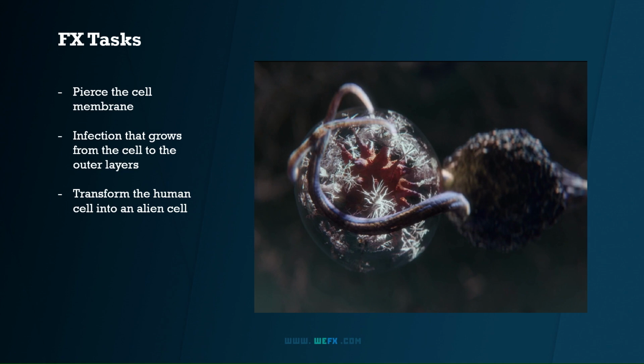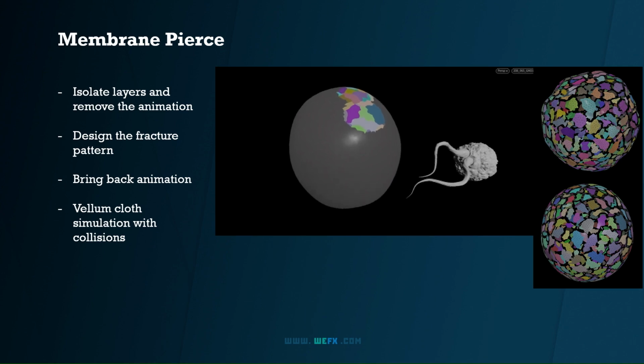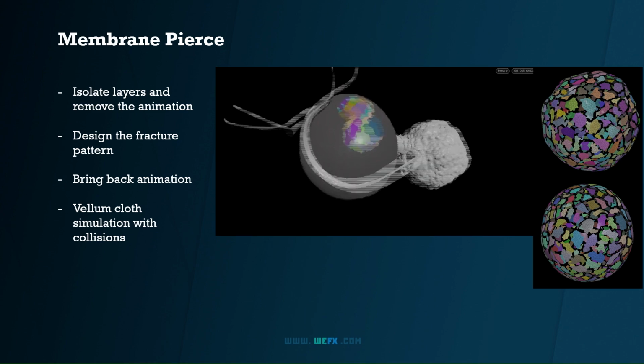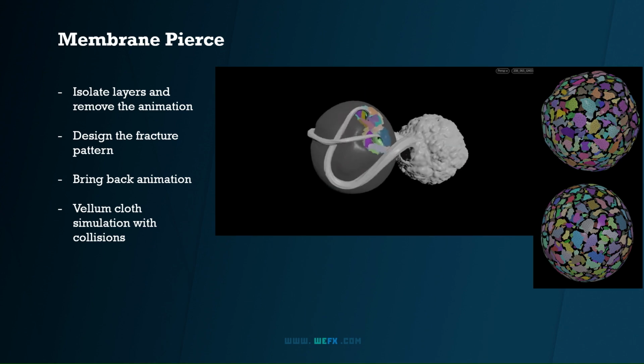First, we split the tasks we have in front of us. The first one is to pierce the membrane. We need to infect and grow from the center, and that growth needs to reach out to the outer layers, and from there, we also need to play that out with the animation. So how did we go about it? For the membrane piercing, we use material fracture to fracture all the layers.